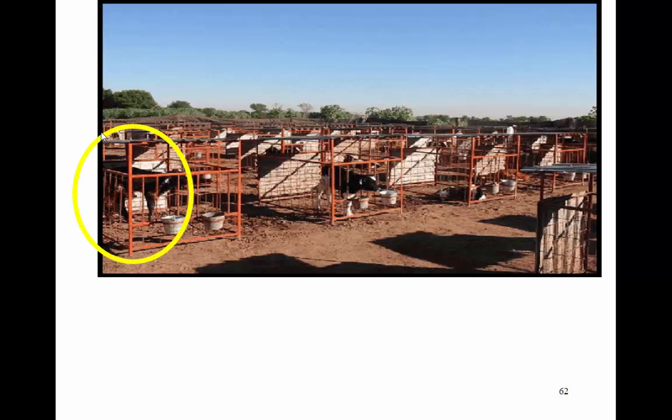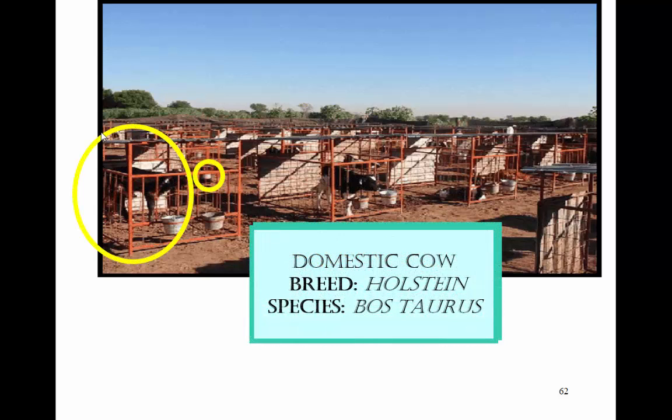And so now we have a place where domestic cows are kept, of a certain breed and species. And this is the nameplate here. This is the cow of the breed. This is a Holstein Bos Taurus.